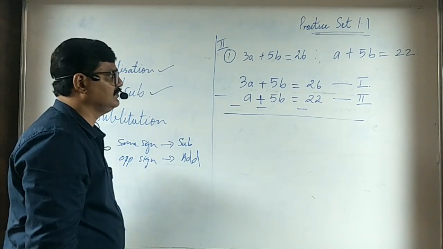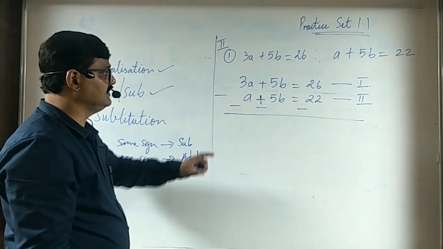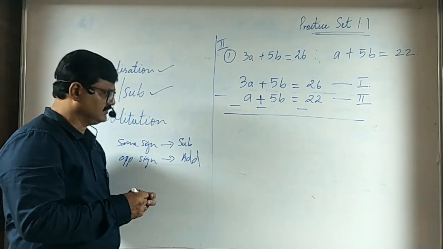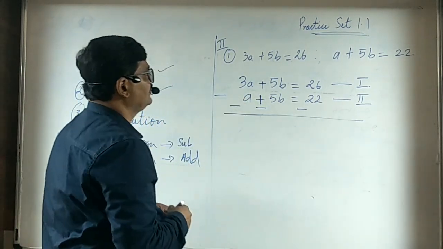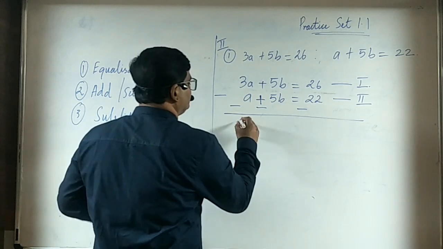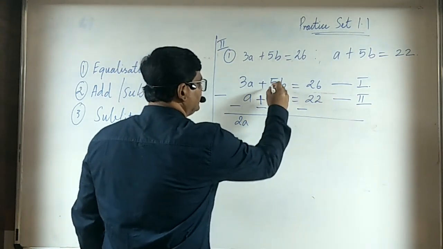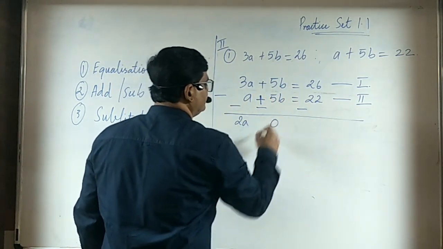Now the signs have been changed, so let's do the subtraction. 3 minus 1 is 2a. And plus 5b and minus 5b will be 0.